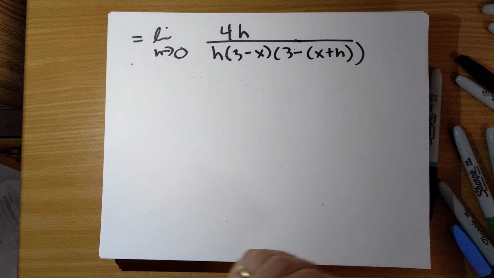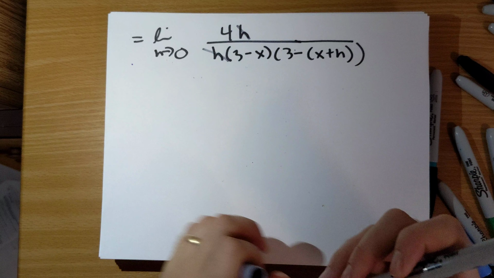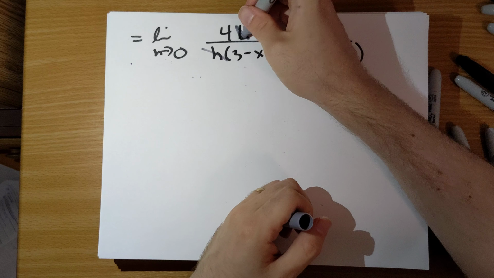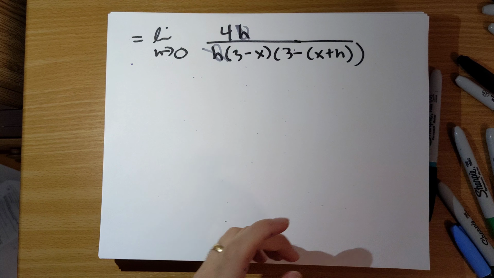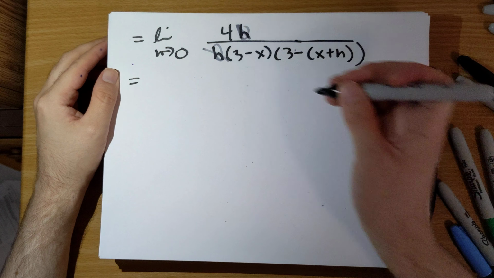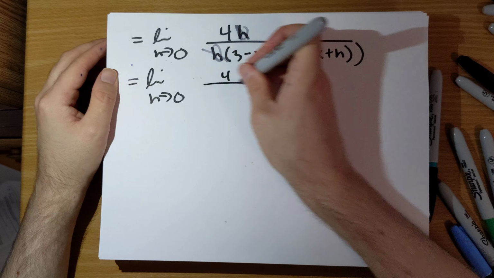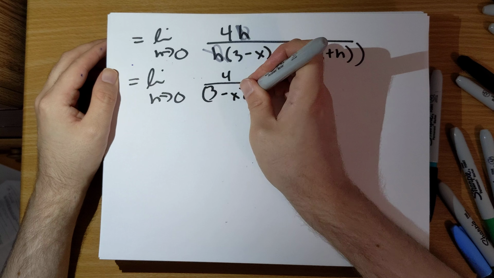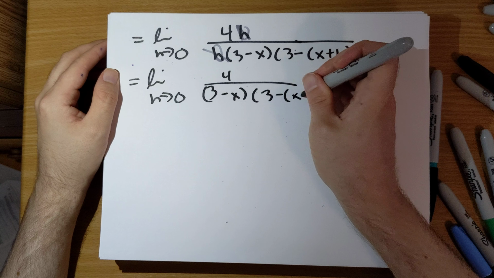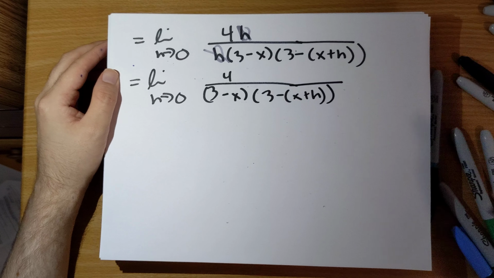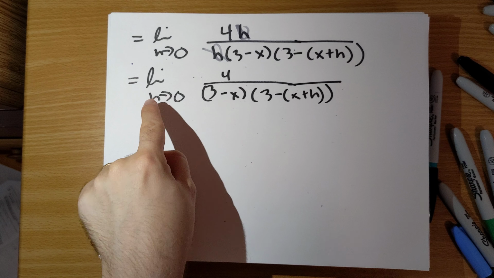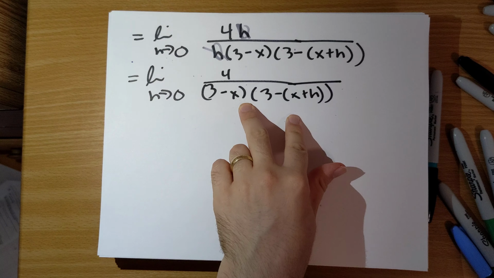And now we can cancel out those h's. Okay. So what are we left with? We're left with the limit as h goes to 0 of 4 over 3 minus x times 3 minus x plus h. And at this point then we're taking the limit as h goes to 0, x is staying put.